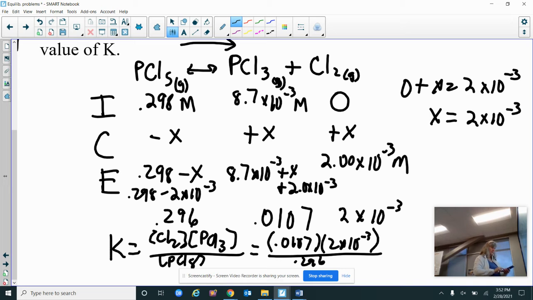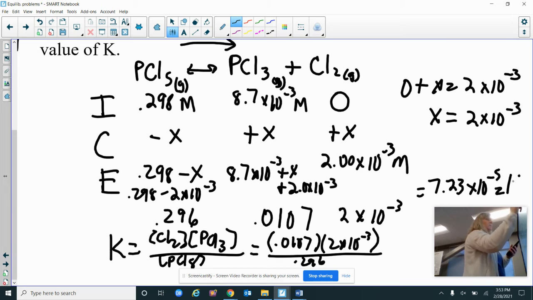So that is equal to 7.23 times 10 to the minus fifth. So that equals K, or Kc, if you want to call it that.